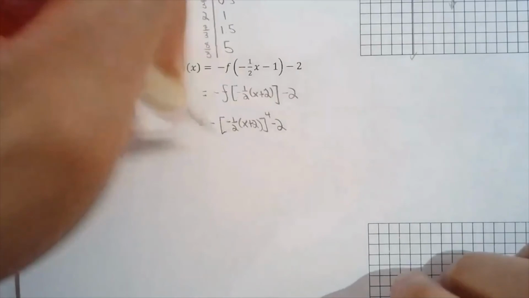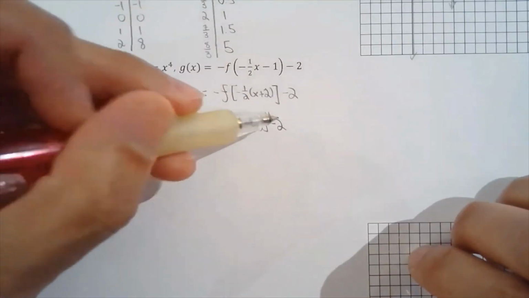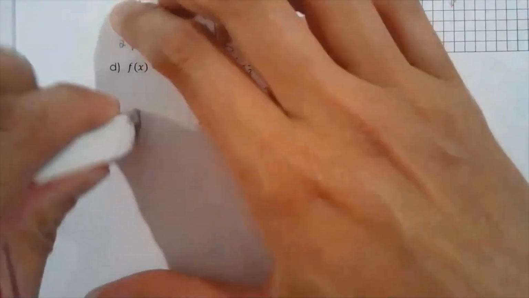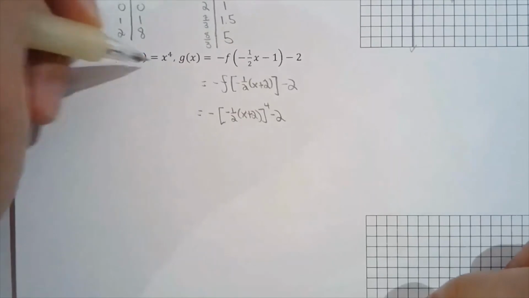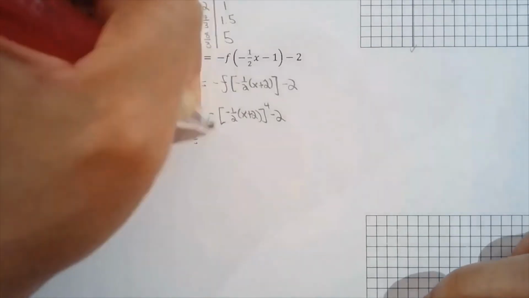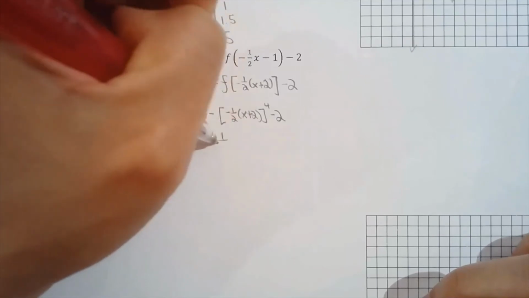But what I'm going to do is use algebra and simplify, because that was 1, 2, 3, 4, 5 transformations. I can make it a little easier. There's another way I can transform f of x to get g of x. So what I'm going to do is just simplify this algebraically. This is a 1 over 16.